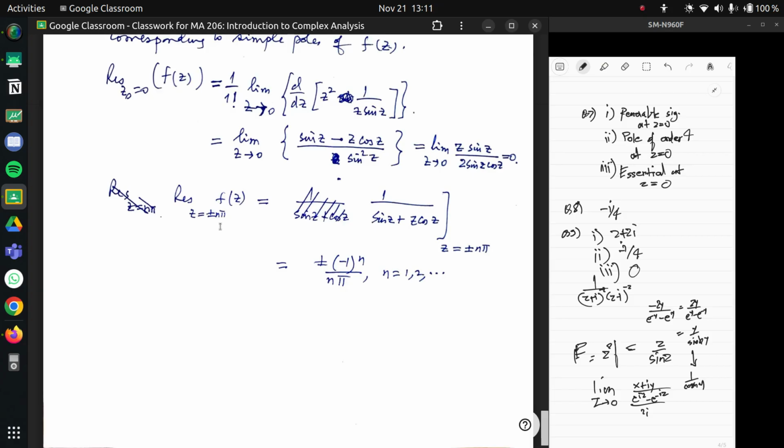What? Why did you write it like that? You had z sine z and then you took a derivative. You took a derivative, didn't you? You see, why did you do it like that? Why?